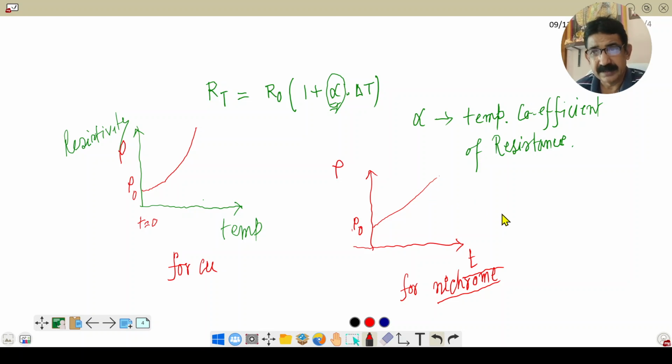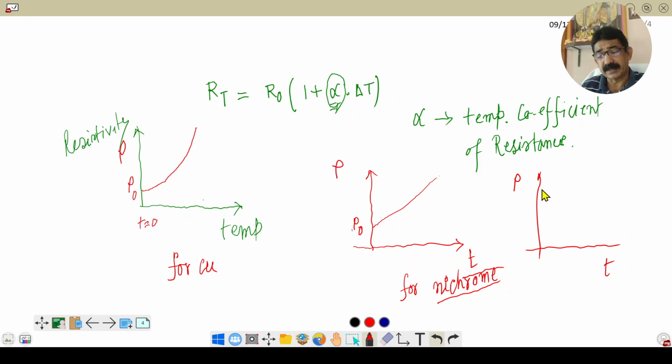But in case of semiconductors like germanium, silicon, etc., the case is like this. Suppose this is the y-axis and this is the x-axis. That means this is the rho or resistivity axis and this is the temperature axis.